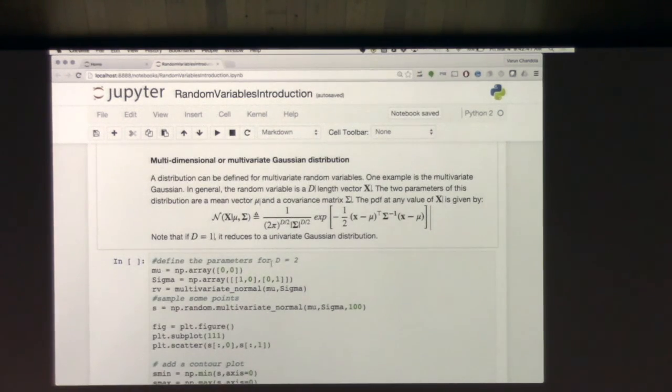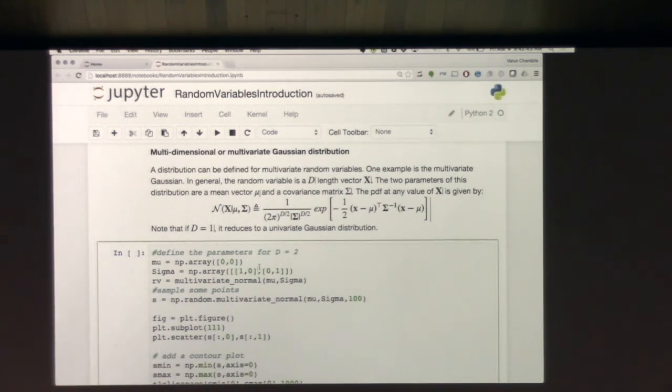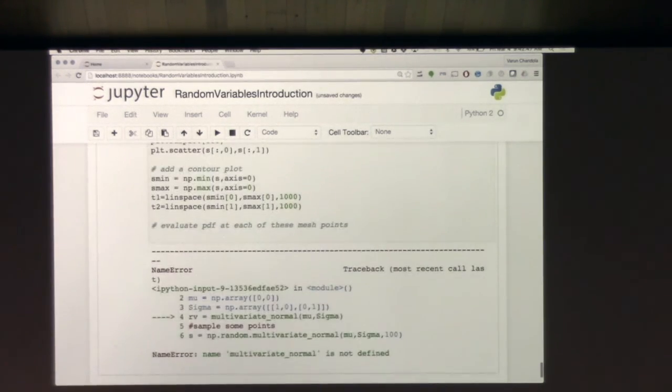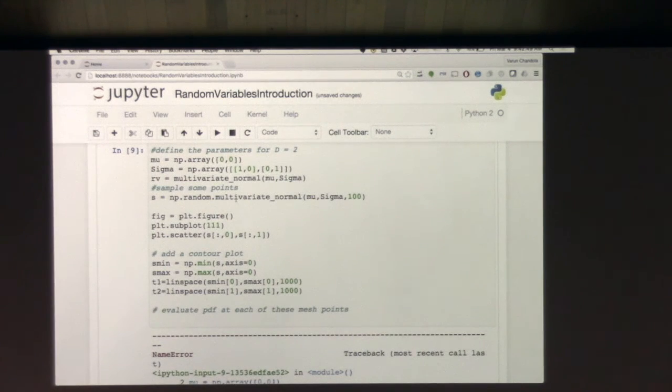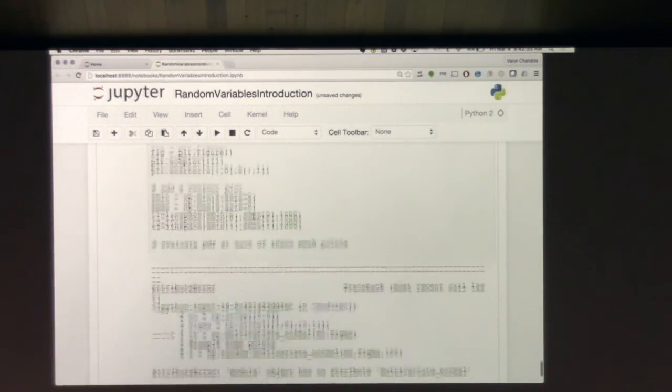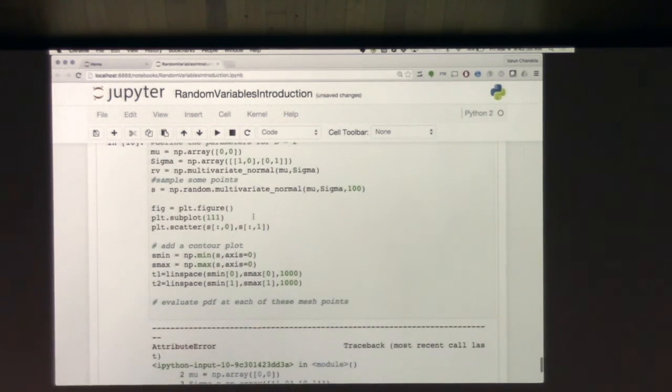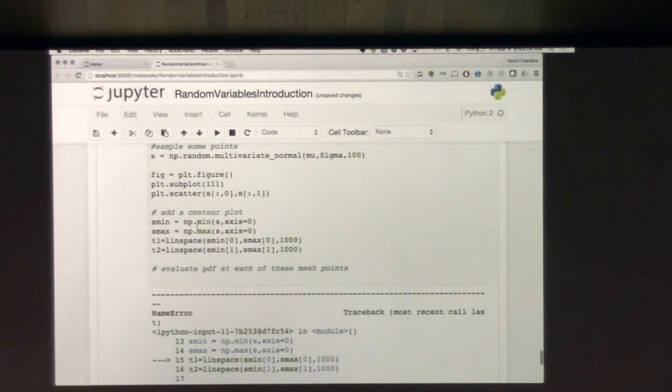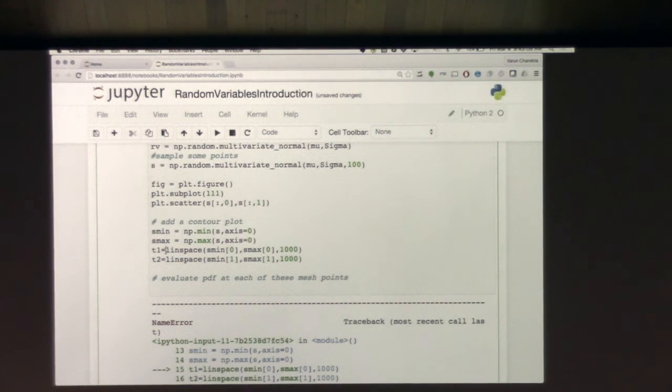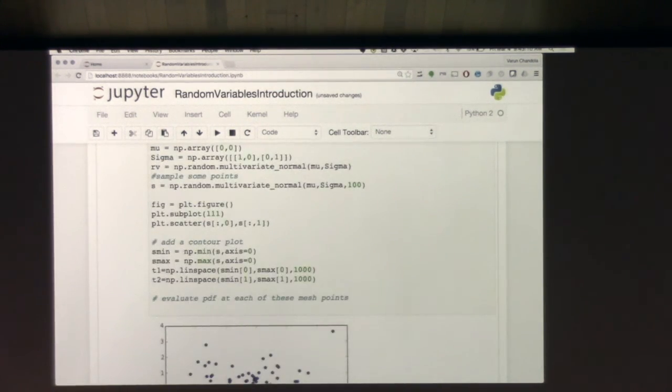So for example, for d equal to 2, if your random variable has 2 entries, this looks like this.